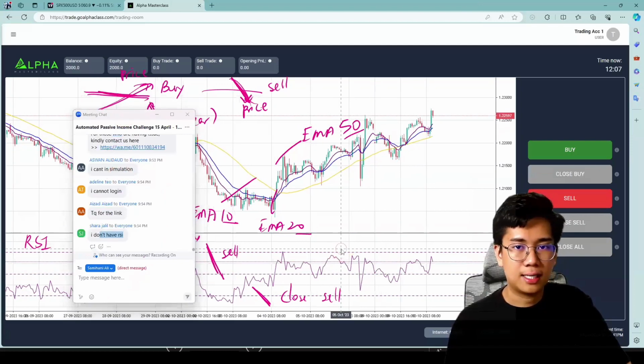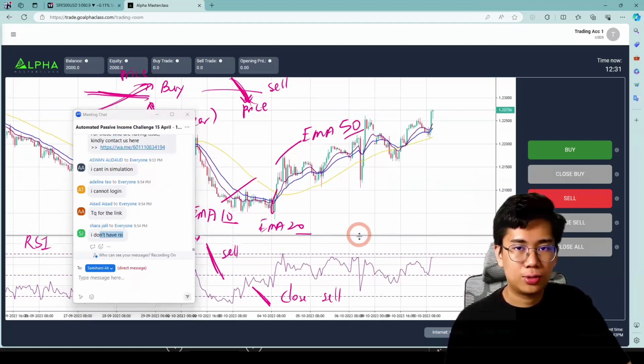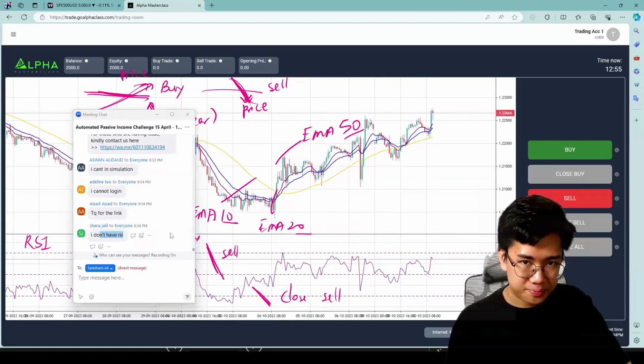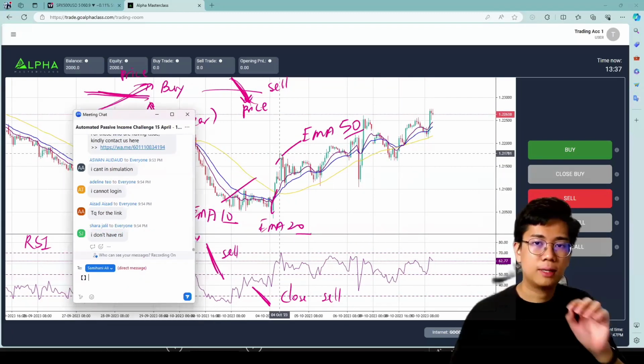Shara, you don't have RSI, try to drag the chart a little bit. Zoom in and zoom out of your chart a little bit. Hopefully that will be helpful.